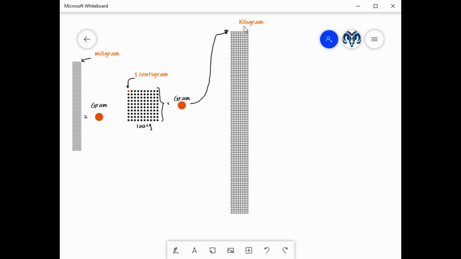So here I have 1,000 dots or 1,000 grams. So this is really, really small on the left, and on the right-hand side that's a really, really big number. It's important to understand that one number is really small and one number is really large. So the milligram is a part of a gram, but a kilogram is 1,000 grams.